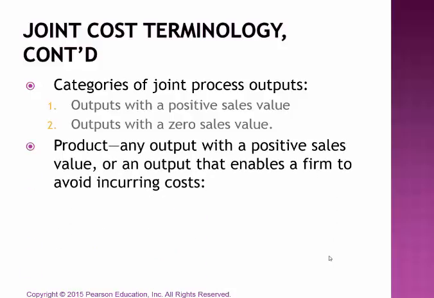Alright, so what is a product? It is any output with a positive sales value. Okay, so we are going to be paying attention to these products, and they are an output that enables a firm to avoid incurring cost. Sales value can be high value or it can be low value.